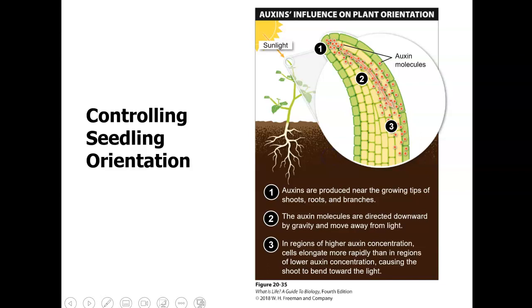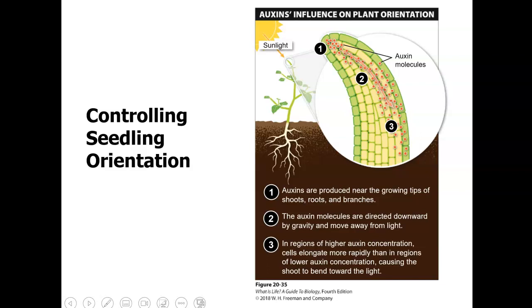Also, we talked about controlling seedling orientation. When we talk about moving plants, we discussed the lucky bamboo in one of the previous units, and how they would come in and turn it every so many days. Well, that's because of this hormone produced by the plant. The auxins accumulate and help the plant grow towards the light.